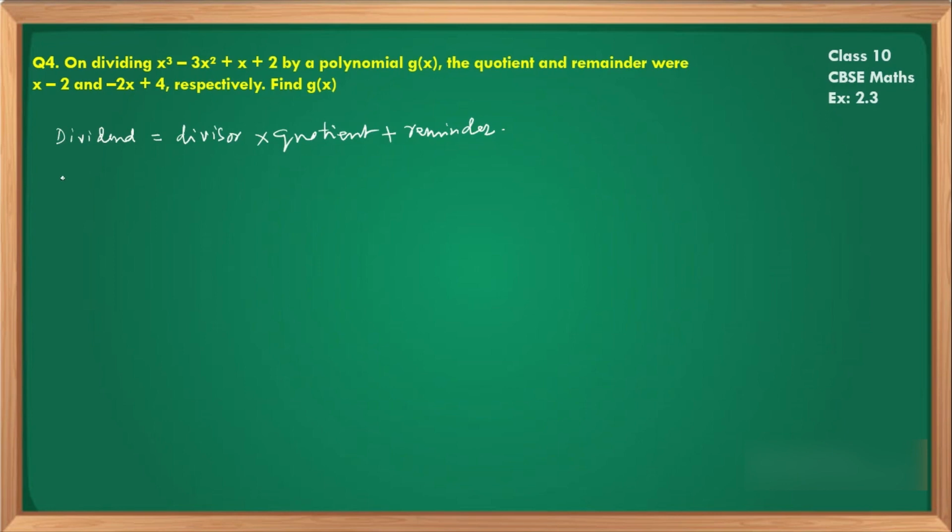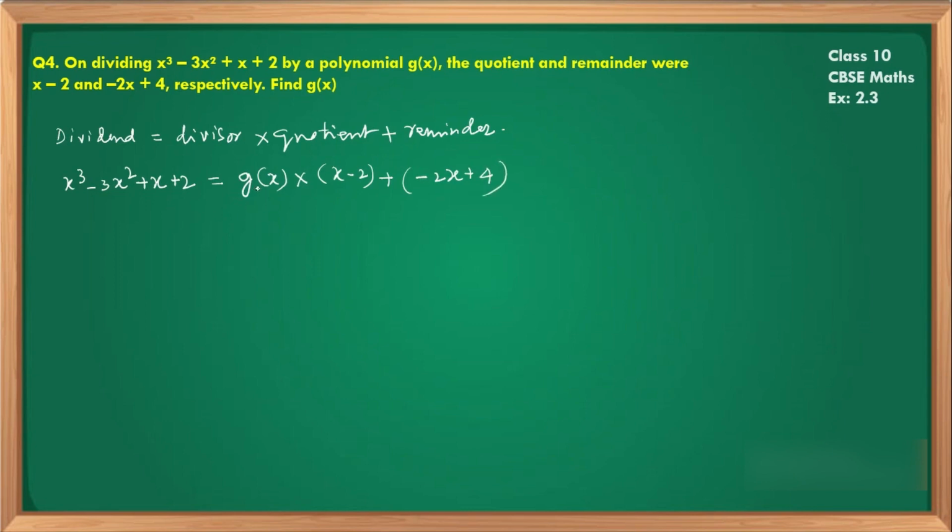Dividend is x cubed minus 3x squared plus x plus 2, and divisor is not known. We have to find out, that is gx, into quotient. Quotient is x minus 2, plus remainder is minus 2x plus 4.